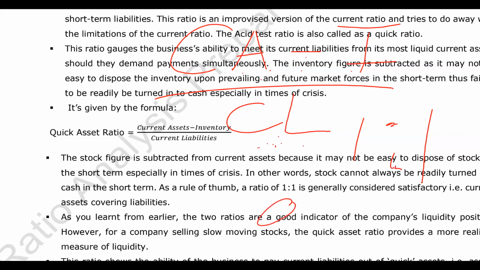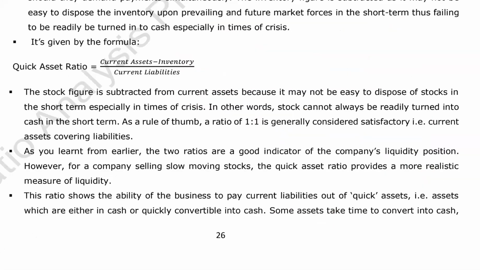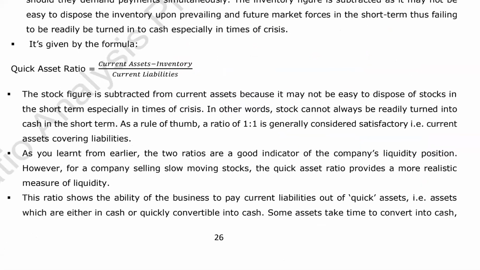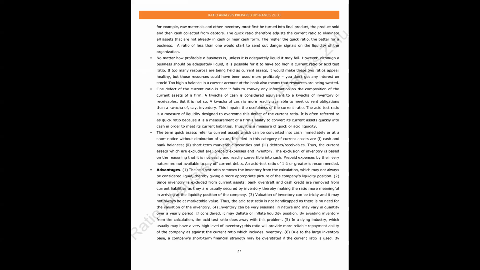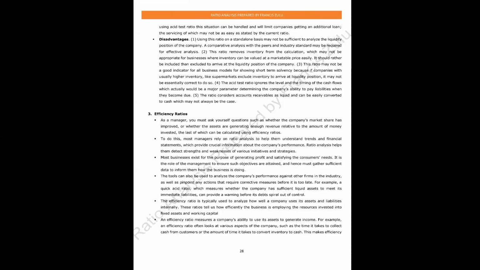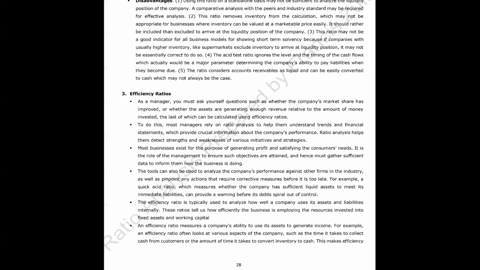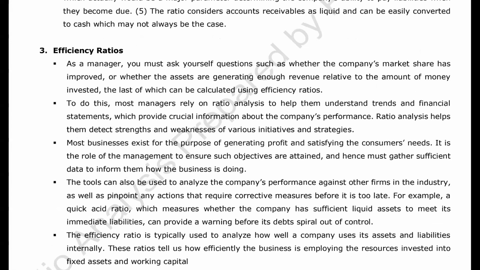Never have 0.7 to 1. That is dangerous. It means that the company is less liquid. They are not likely to meet their short-term obligations. So these are the two main ratios that we use to test the liquidity of a company.